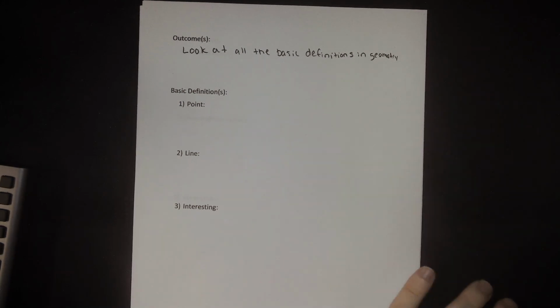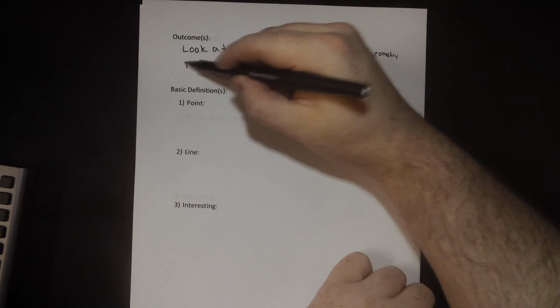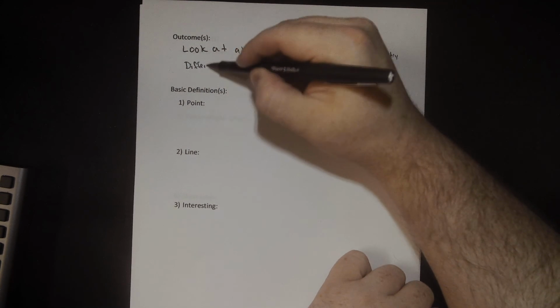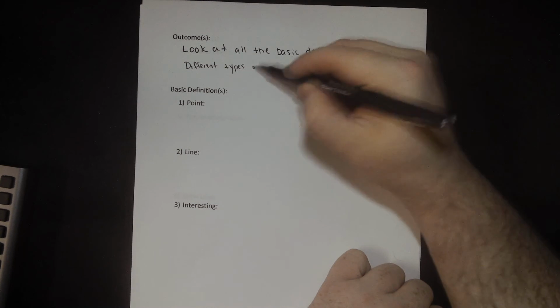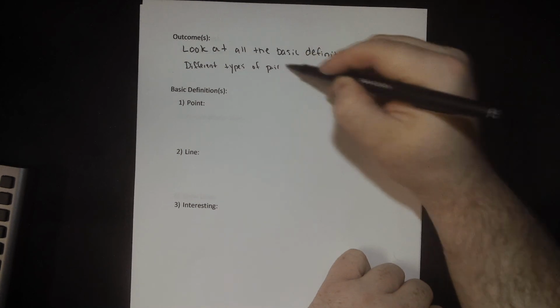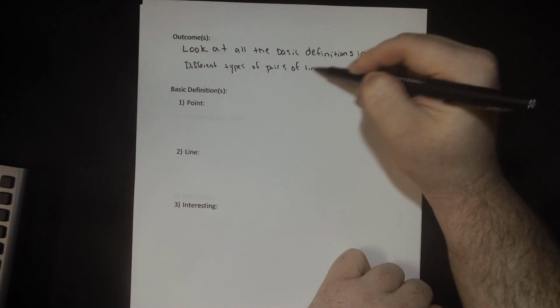And we're also going to look at different types of pairs of lines.